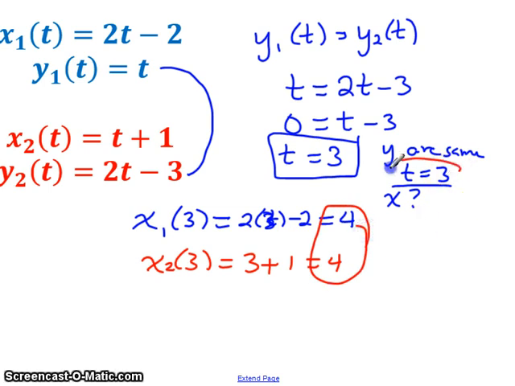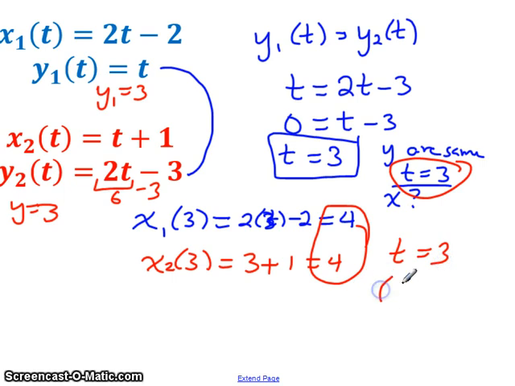And so both objects are going to be at the same xy position at time 3. If we went back and plugged in t equals 3, we would see that y1 equals 3, y2 equals 2 times 3, which is 6, minus 3, is also 3. So at t equals 3, they are both at (4, 3).